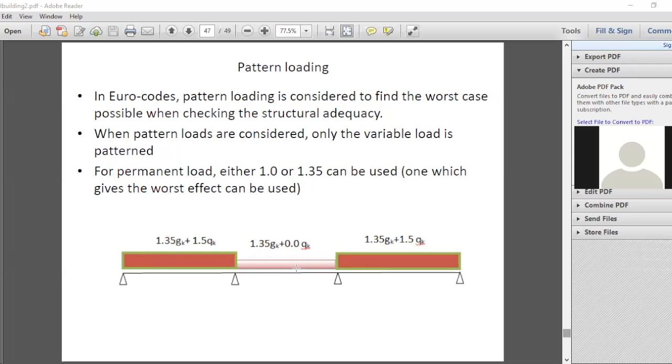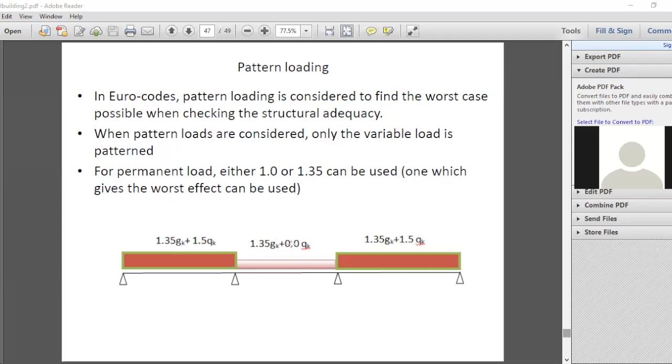Again, the answer is, if you look at all the codes, be it the Eurocode or British code or Australian code, for beams they always recommend considering pattern loading. And the idea of pattern loading is we load one panel with the maximum load, and then we have lesser loads on the other panel. So finally, we can end up with the maximum moment on the beam.